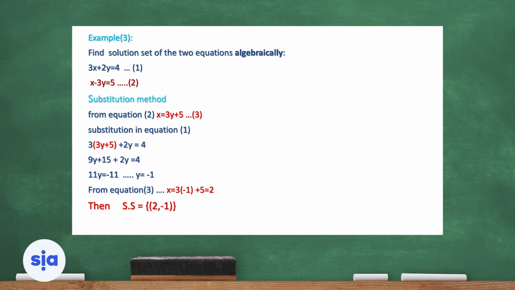So 3x minus 2 equals 4. So 3x is equal to 6. Now x equals, good job, 2. So here, in this question, the solution set is 2 and -1.